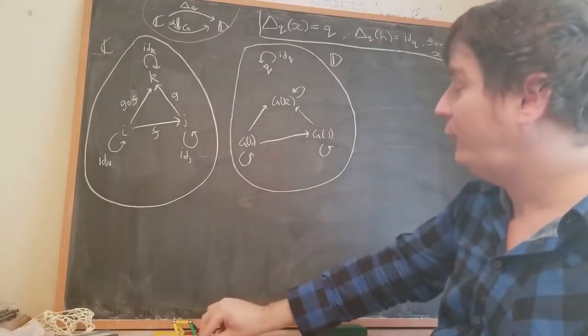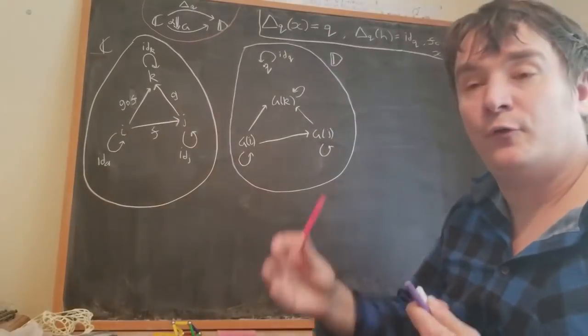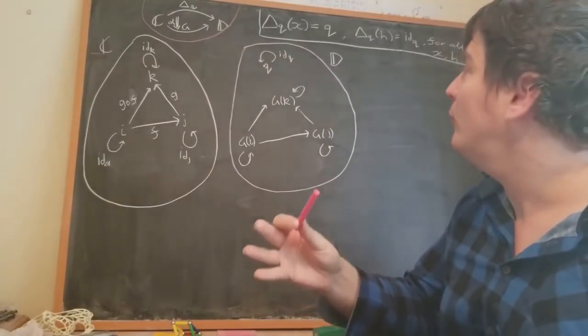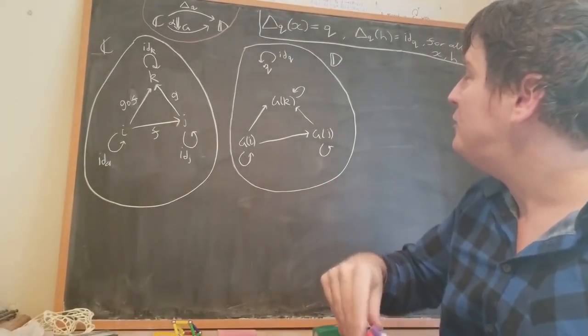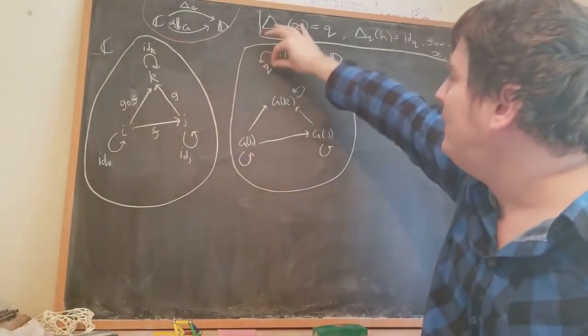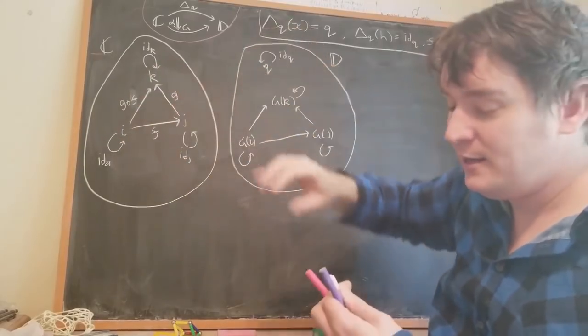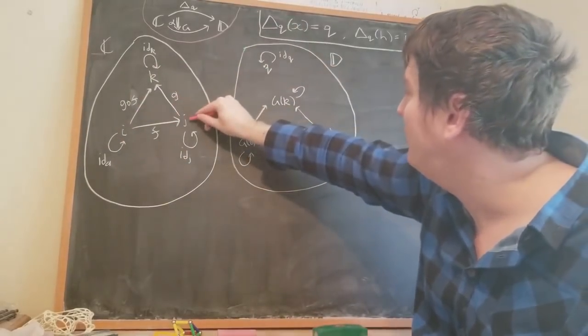Okay, so what is this delta Q then? Well, this is what's called a constant functor. So essentially it just maps all of the objects in C into Q and all of the arrows in C into ID_Q. So it's going to look like this.